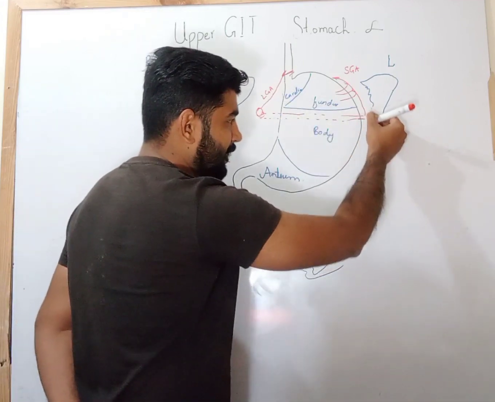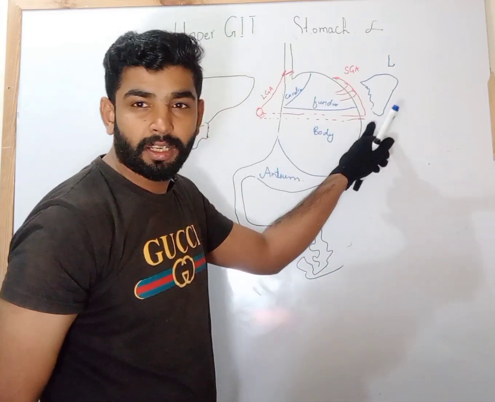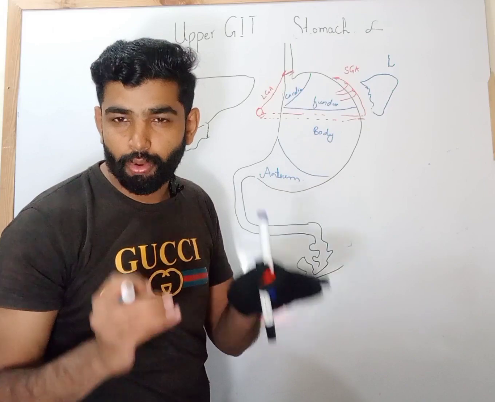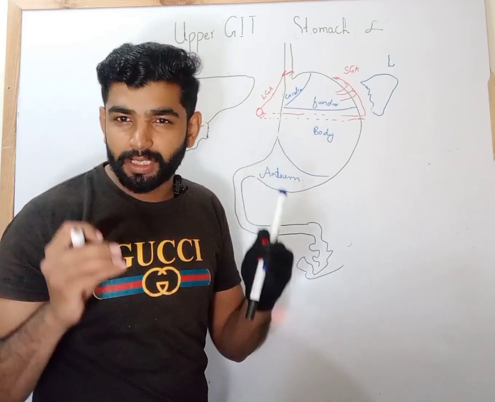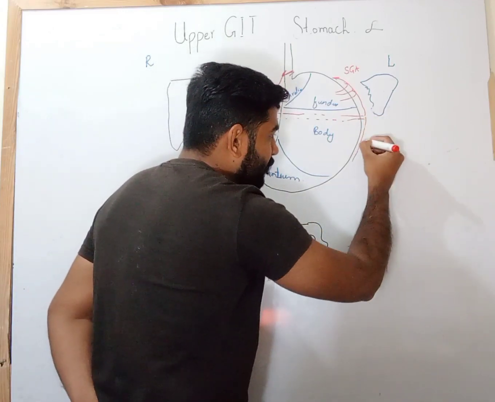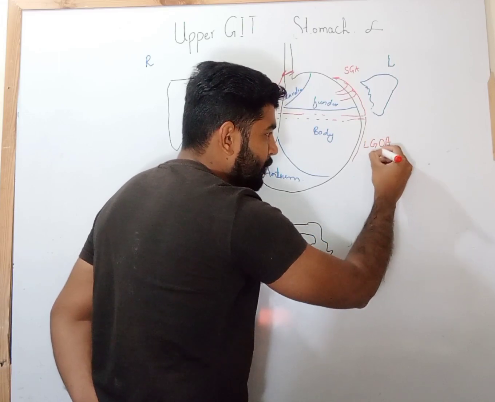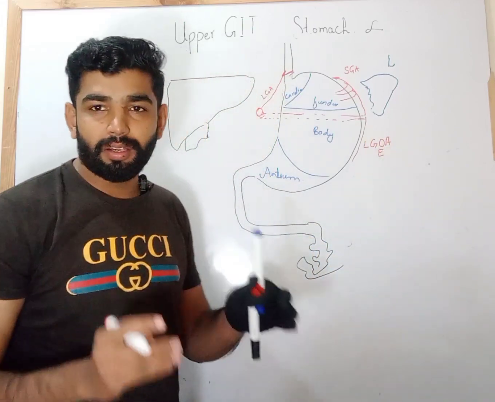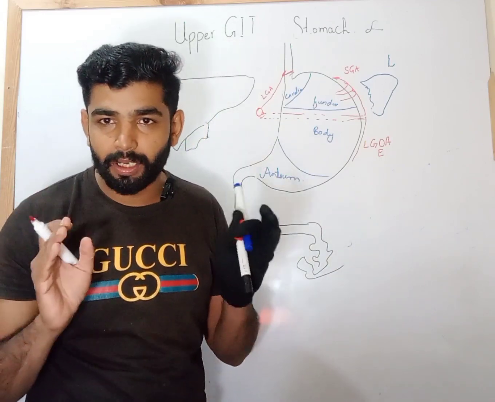Now this is the omentum and this is the left side, and the left gastro-omental artery, or other name the left gastro-epiploic artery. It may be named as epiploic or sometimes it's called the omental artery.